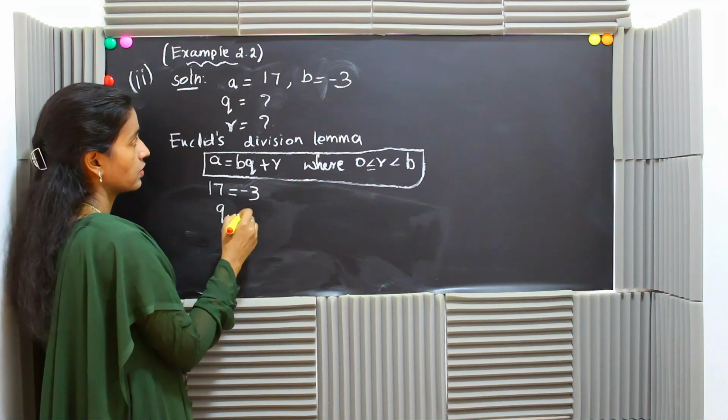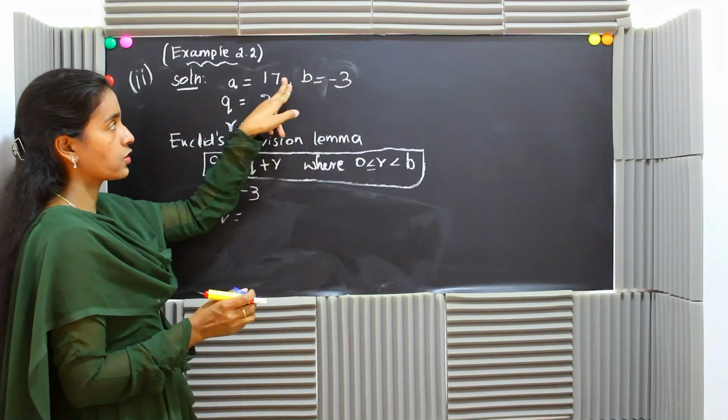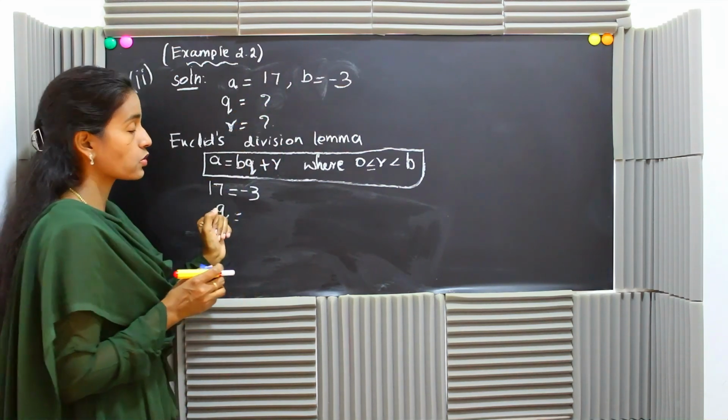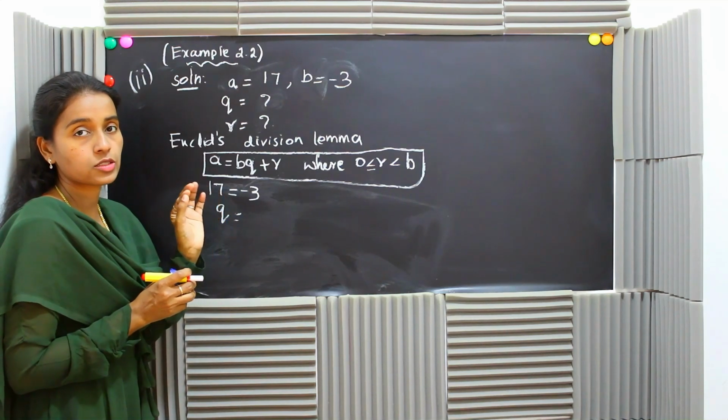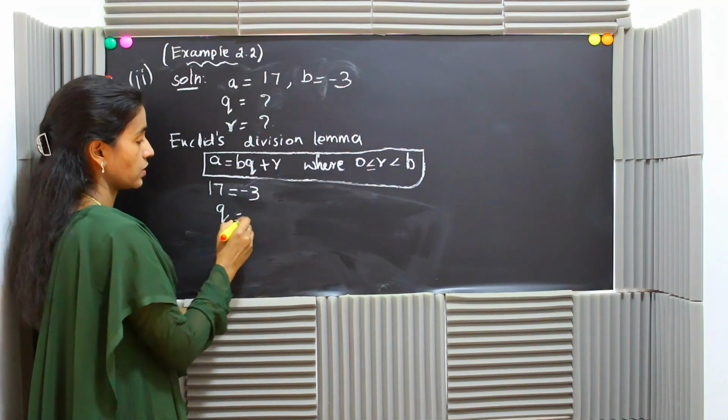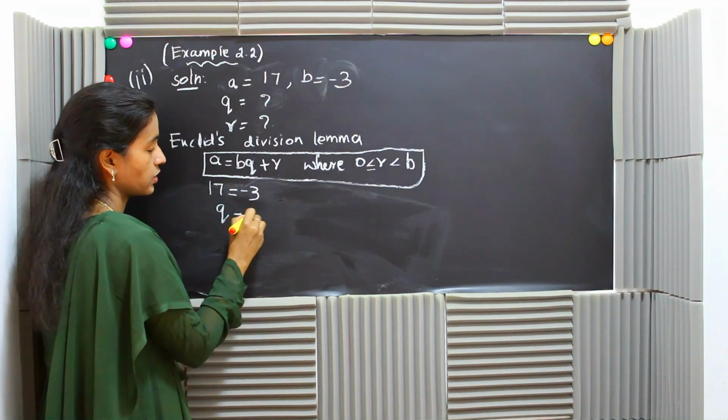Here we have only one negative number, so the quotient should be a negative number. Okay.